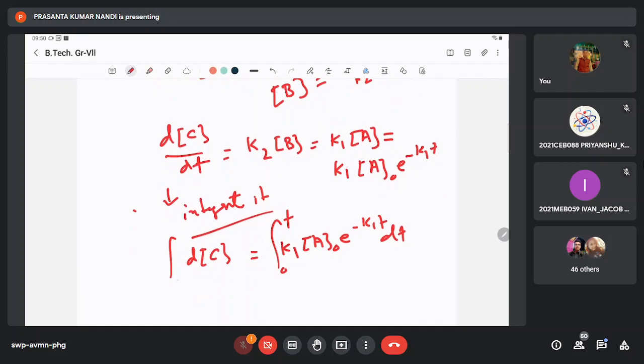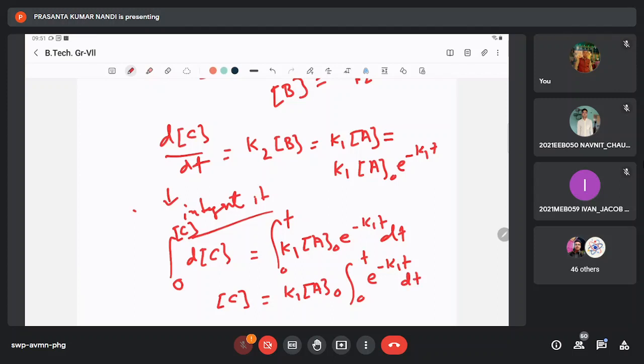At the very beginning, what is the concentration? 0. And now let the concentration at any time be c. Then naturally c would be equal to k1 A0, which is a constant quantity, so you can take it outside of this integral, into e to the power minus k1 t dt. Is it all right?